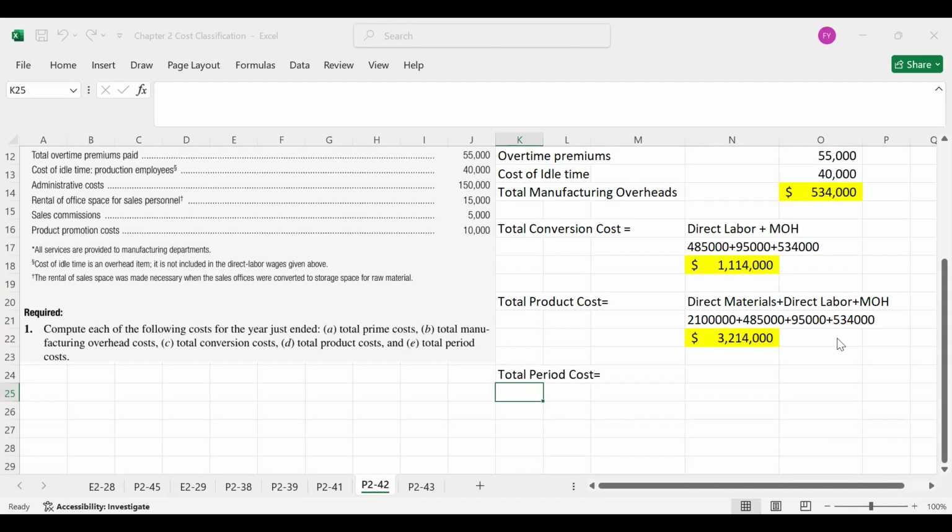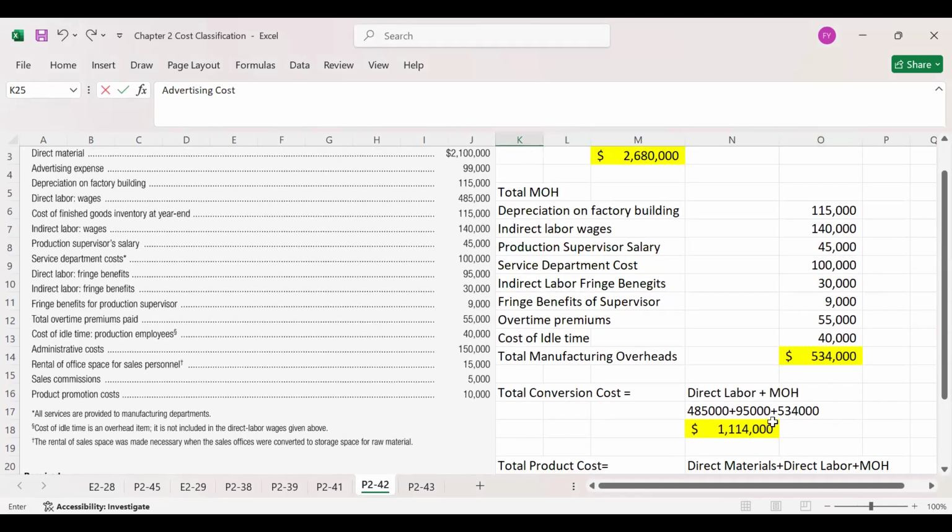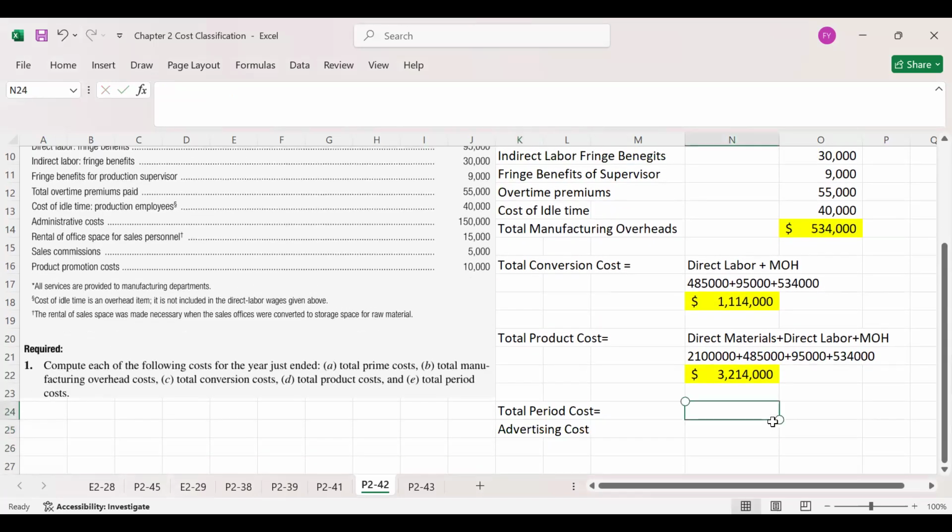So first of all, we have the advertising cost, and the total advertising cost is $99,000. Then we have administrative cost.